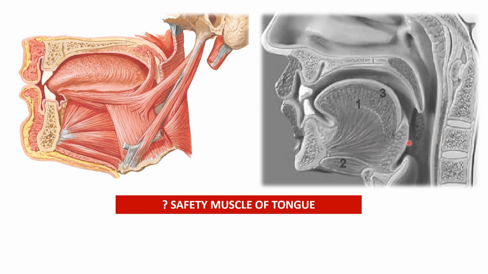Definitely the tongue will be pushed backwards. This is called as retraction of the tongue. If it is happening, definitely there will be choking. The airway will get obstructed. Remember, this is not happening because of pulling of the genioglossus. By genioglossus, the tongue is pulled forwards, and this is why the genioglossus is called as safety muscle of the tongue or life-saving muscle.